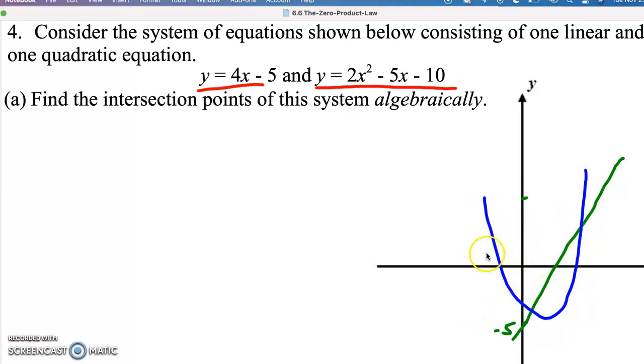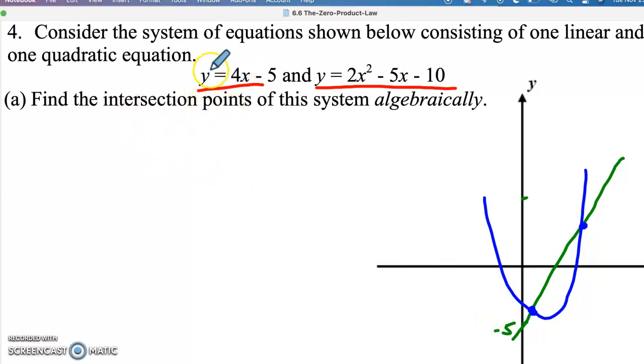You're gonna have two intersecting points. This is not really accurate, but you should have a parabola facing up and a linear going up, a straight line. So we need to find the intersecting points somewhere here and here, right? Intersecting points mean they have two common solutions, x and y.